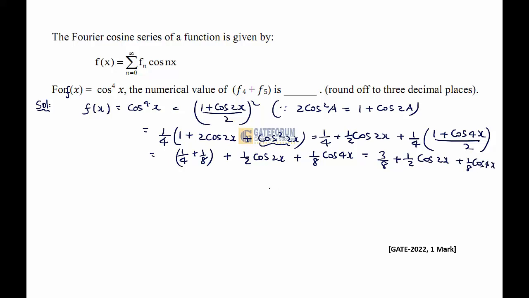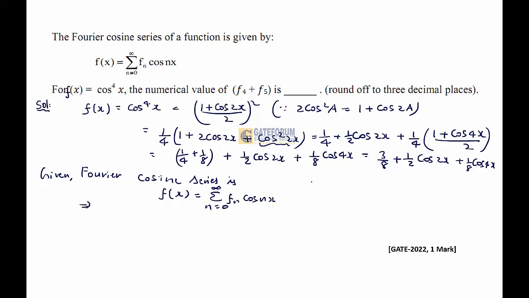This is your f of x. The Fourier cosine series is f of x equals summation n equals 0 to infinity f n cos nx.